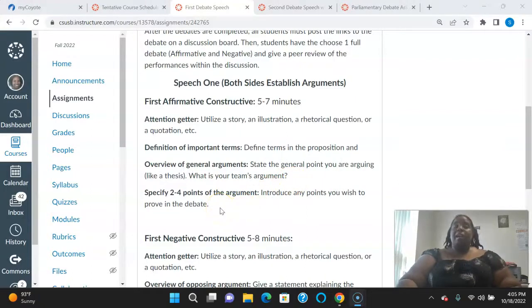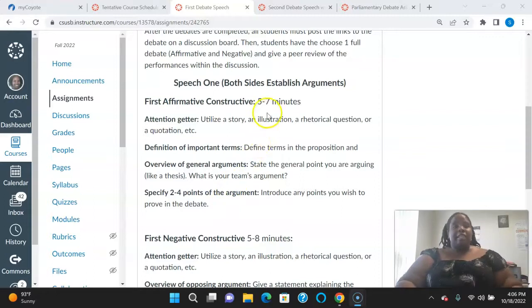Then you're going to specify 2 to 4 main points in your argument. So you can incorporate sources. You can specify your 2 to 4 strongest arguments. You can begin with your 2 arguments and then reserve your other 2 arguments for the second speech.